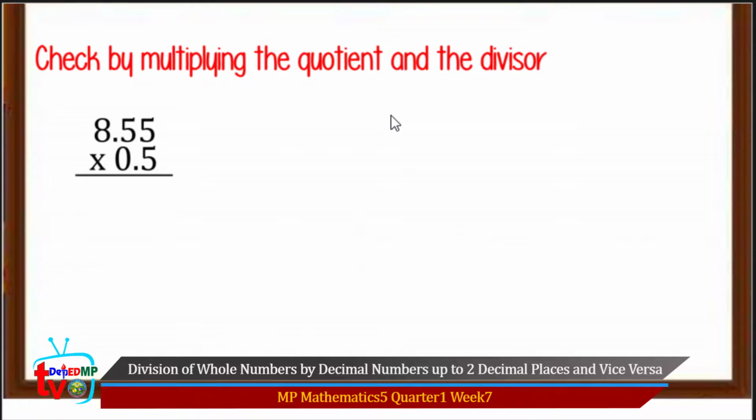We multiply the quotient and the divisor. This is our quotient, 8.55, and this is our divisor, 0.5. So, let's multiply. 5 times 5 is 25. We write 5 below 5.